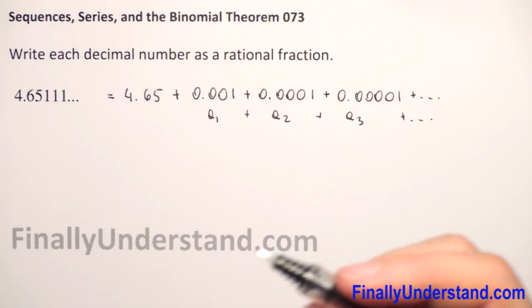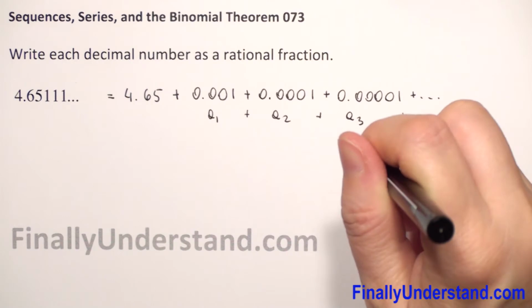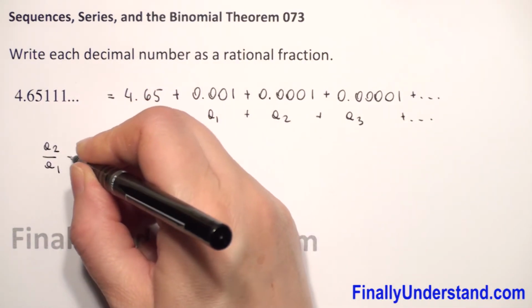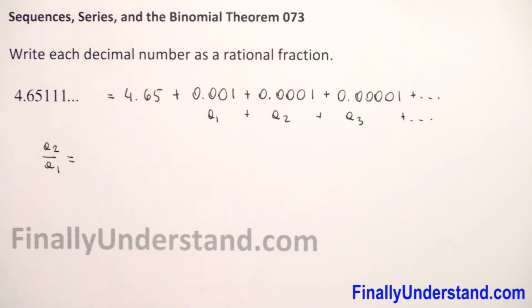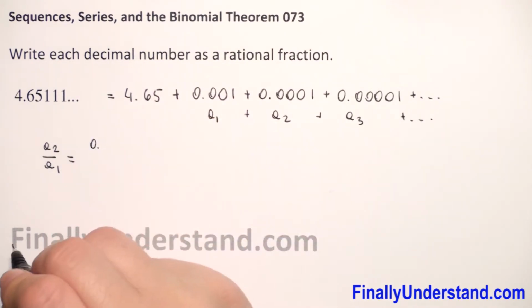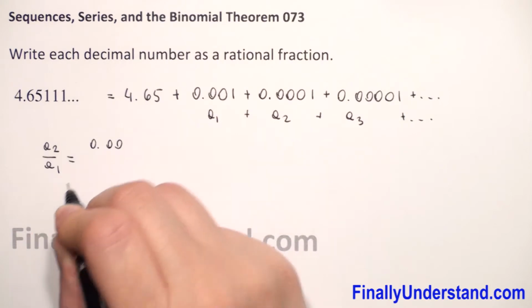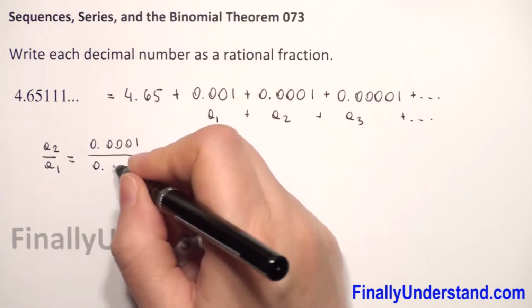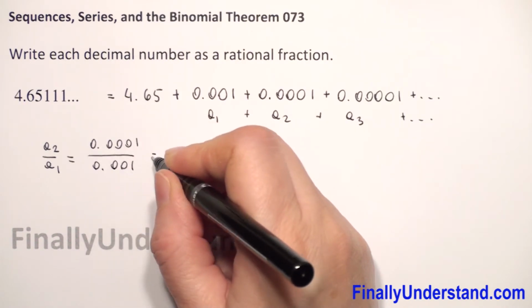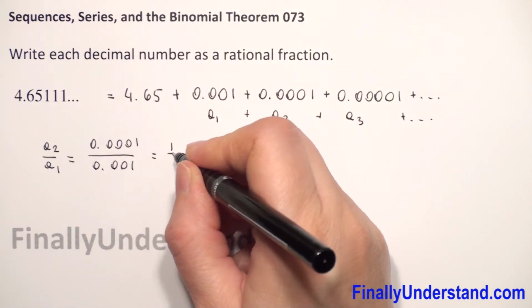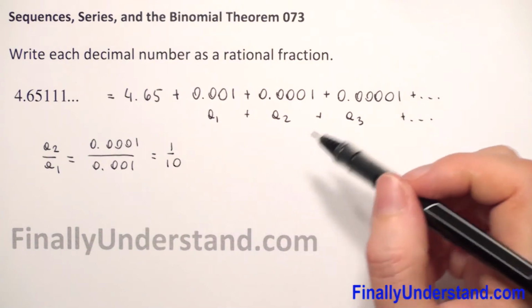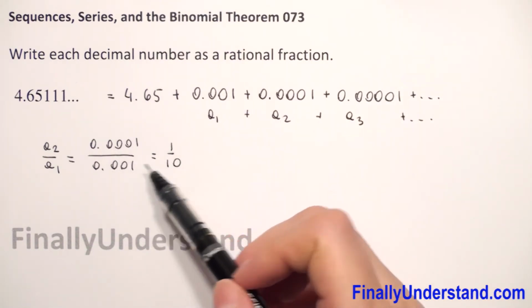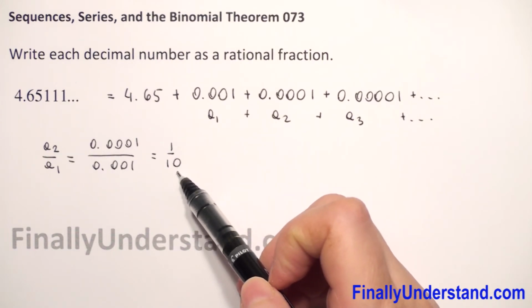Let's calculate this. When we take two consecutive terms, for example A2 over A1, what will it be? 0.0001 over 0.001, so this is equal to 1/10.